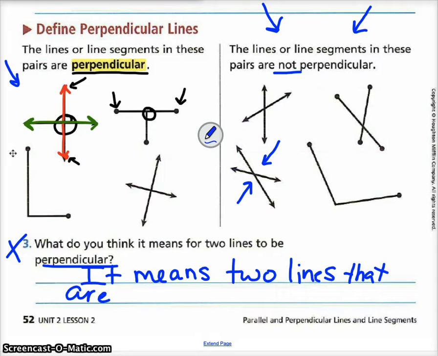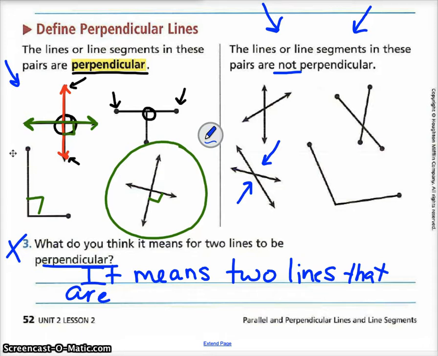They have to make a T, but they don't always have to be vertical and horizontal because these lines right here aren't vertical and horizontal. Good catch. Yep. So they can be turned. They always have to make a right angle every single time. A corner that's a right angle. So they have to have a corner. Yep.